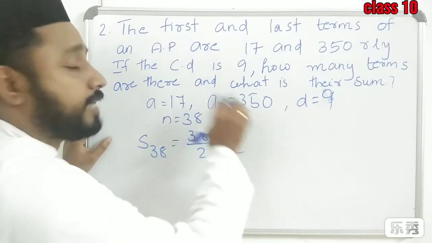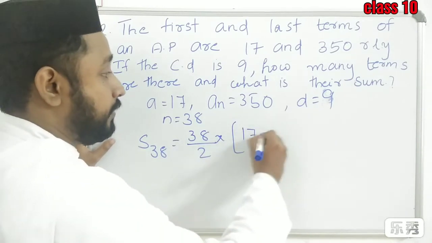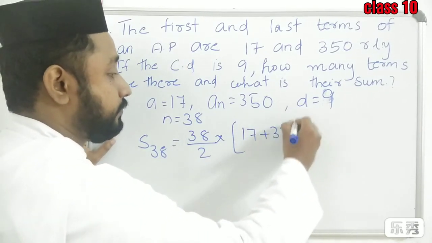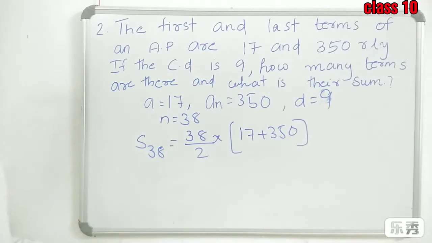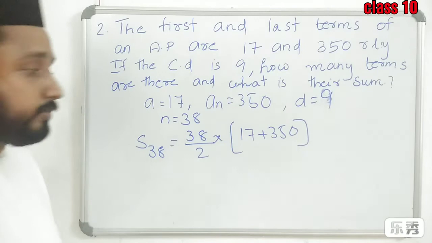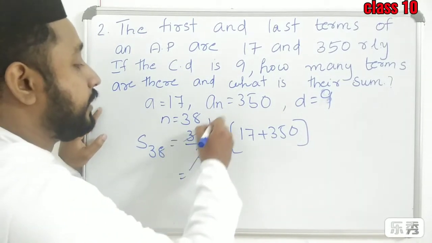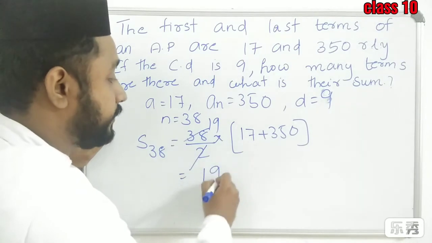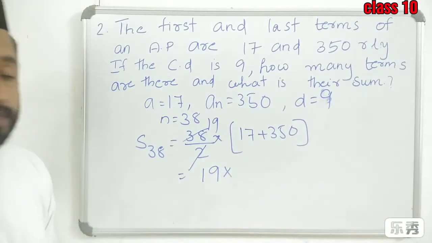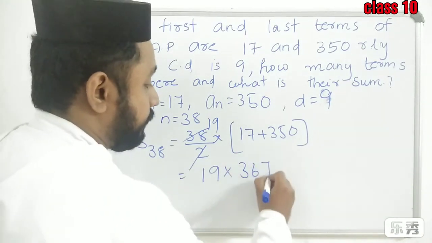We know the first term and last term, so we can use that formula. That is 38 by 2 into 17 plus 350. We can cancel 2 and 38, which gives 19. So 19 into 17 plus 350, that is 367.